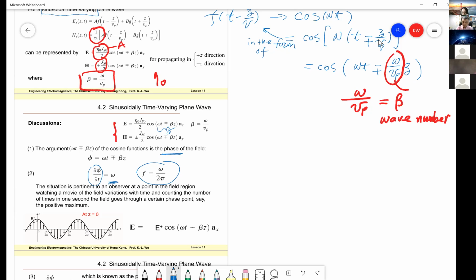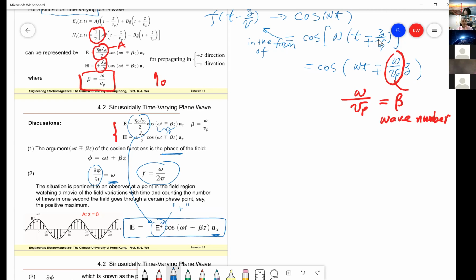If we look at this solution, it is polarized in the x direction, and I already wrote the magnitude equal to this. I put a plus sign, which means the wave propagates in the positive z direction and is polarized in the x direction.